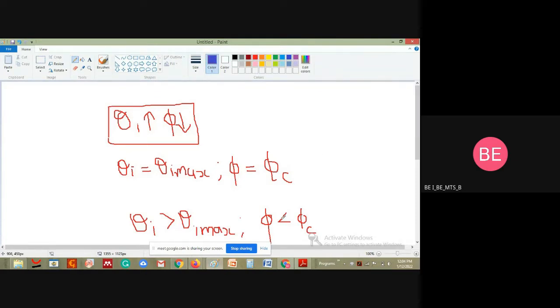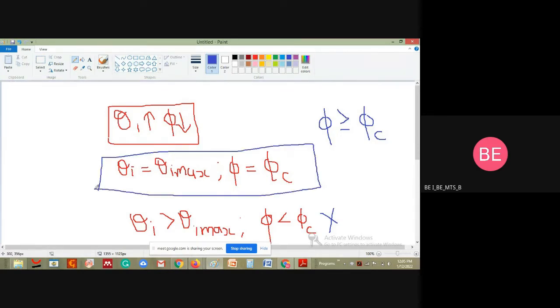No, because when phi is greater than or equal to phi c, the ray will be contained within the fiber. If phi goes below phi c, the ray will be refracted out of the cladding, right? So this is the favorable condition for total internal reflection to happen. So when theta I becomes theta I max, phi is equal to phi c.